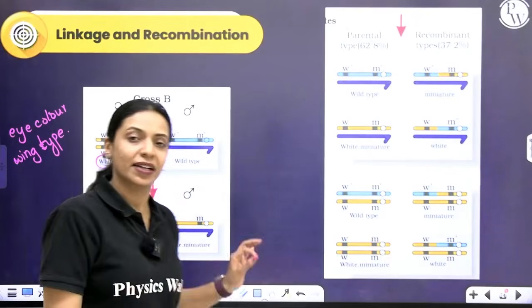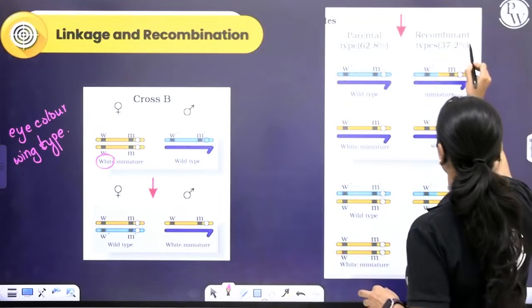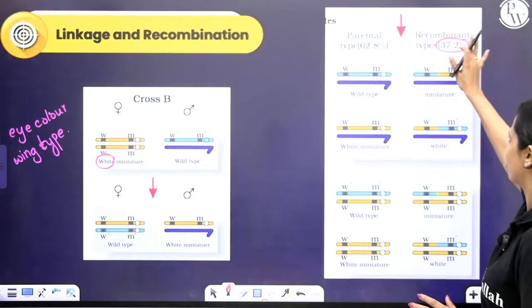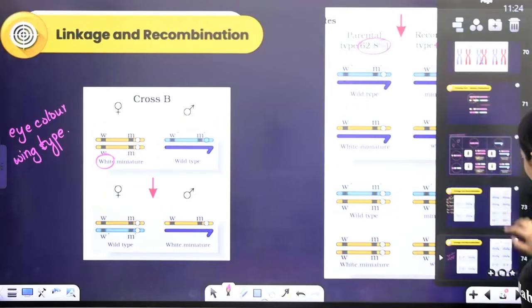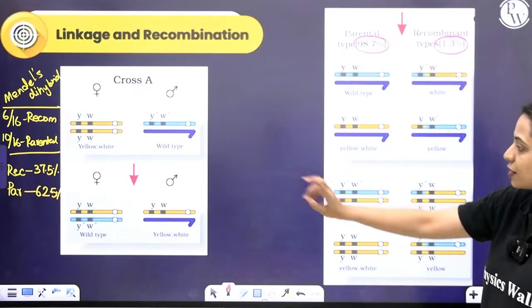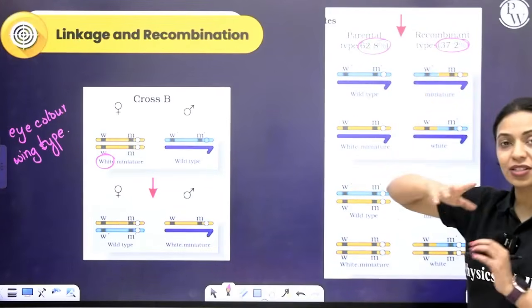When he performs a dihybrid cross using these 2 characters, he will notice that the recombinants are somewhere similar to Mendel's dihybrid cross, 37.2%, 62.8%. Okay, so we saw here previously, in Mendel's dihybrid cross, we got 37.5, 62.5. And here we got 37.2, 62.8, which is kind of close.